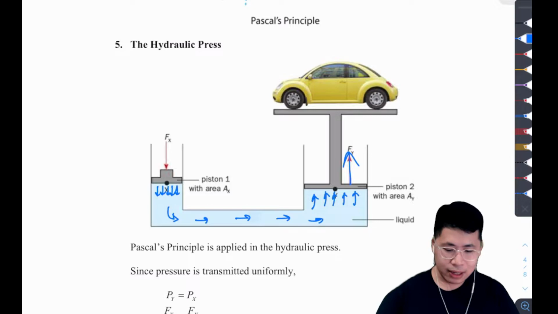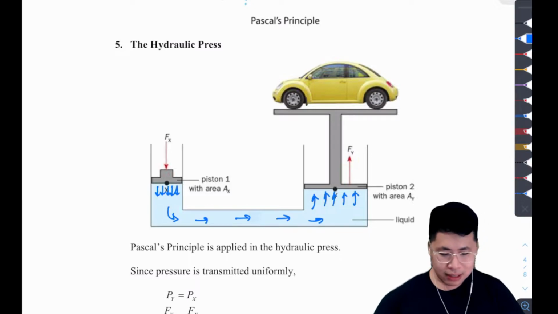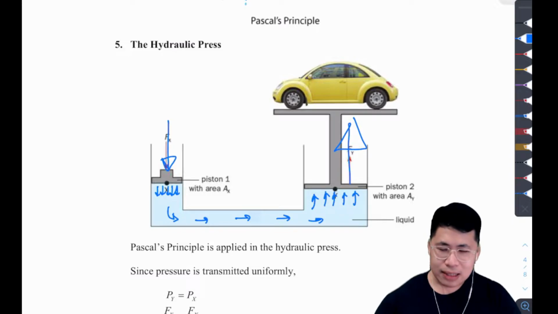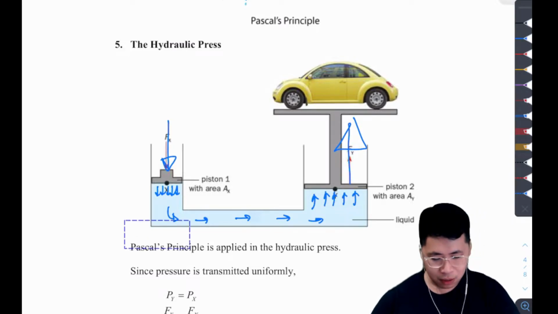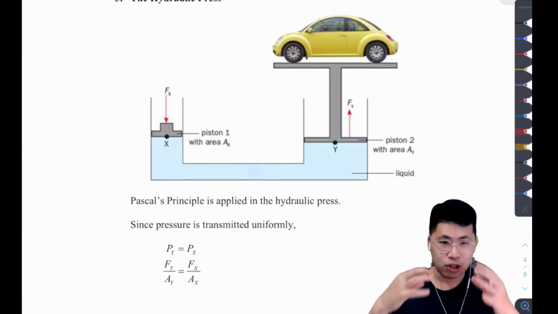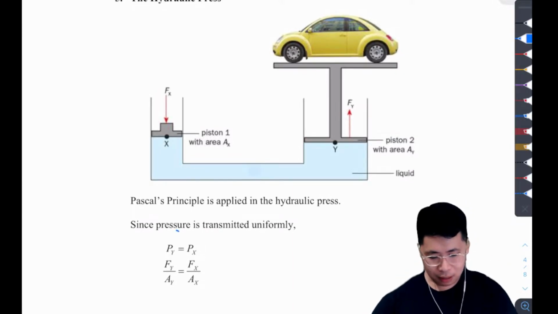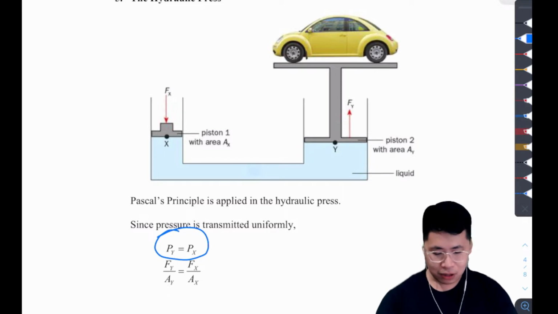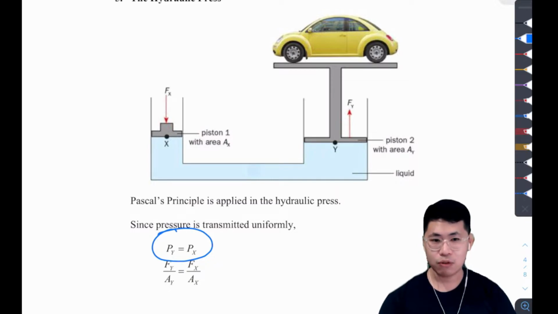Now, as you can see at the left hand side at x, you don't need a big force, but you can generate a very big force at y. Why is that so? Let us explore this idea. Because the pressure is transmitted uniformly, the pressure at both sides will be equal.